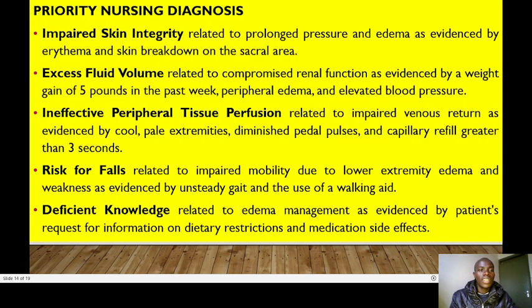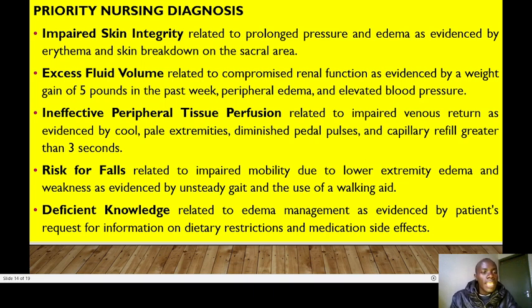compression stockings. So we have 5 priority nursing diagnoses for a patient with edema. Number 1, we have impaired skin integrity related to prolonged pressure and edema as evidenced by erythema and skin breakdown on the sacral area, followed by excess fluid volume related to compromised renal function as evidenced by weight gain of 5 pounds in the past week, peripheral edema, or it could also be elevated blood pressure.